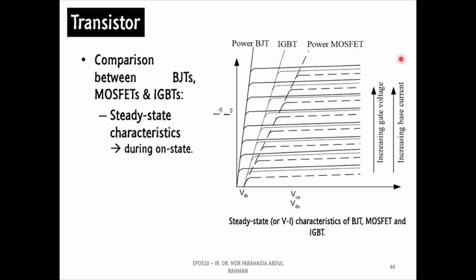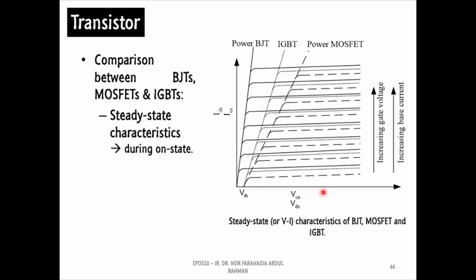You can use this VI curve to compare the steady-state characteristics of these three transistors. The y-axis refers to the conducted current and the x-axis is the on-state voltage.